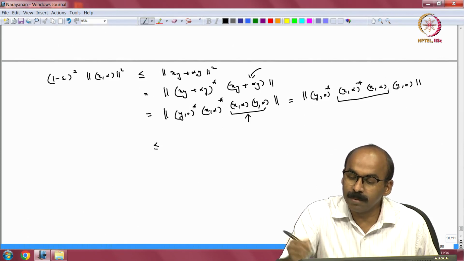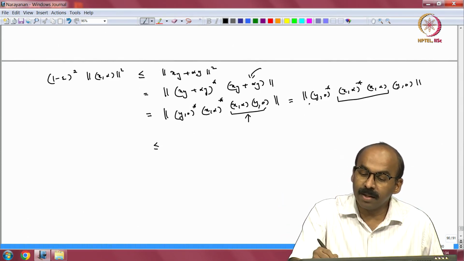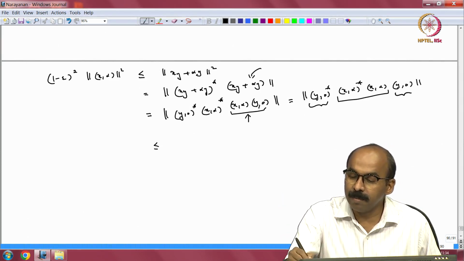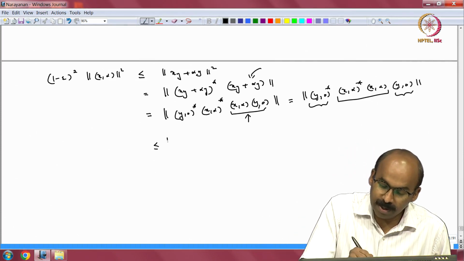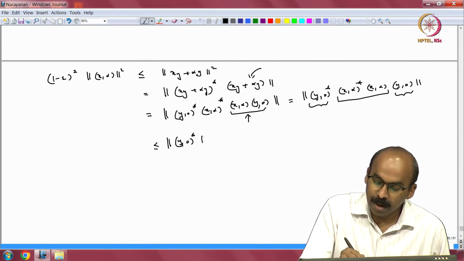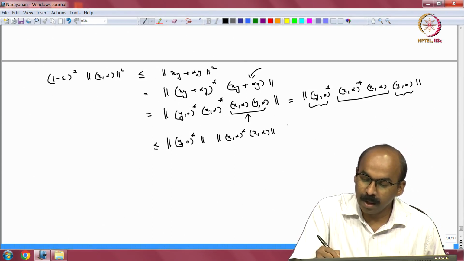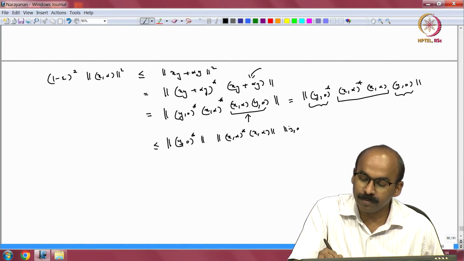So, look at this term as one term, and I have another term here and another term here. I am multiplying 3 terms, so the Banach algebra property will tell me that it is norm of (y, 0) star times norm of (x, alpha) star (x, alpha) times norm of (y, 0).